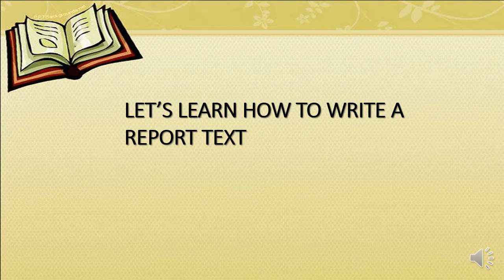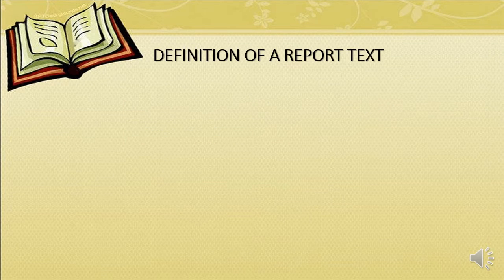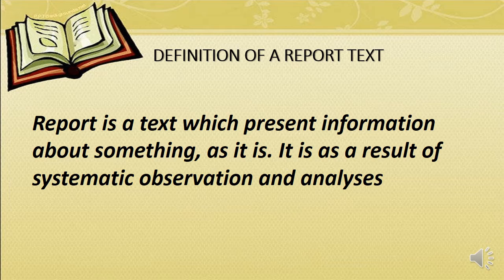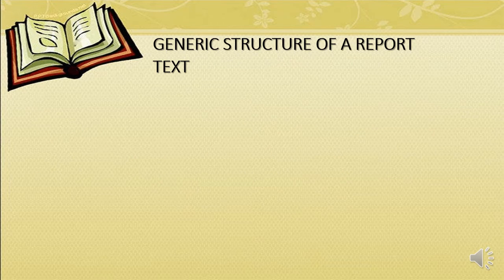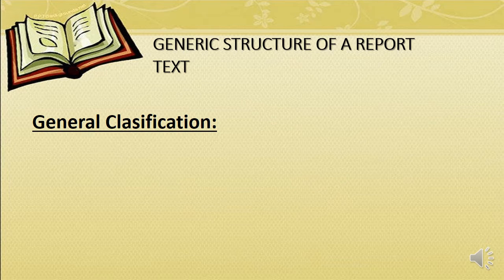Now, let's learn how to write a report text. Report is a text which presents information about something as it is. It is a result of systematic observation and analysis. How about the generic structure of a report text? The first is general classification.